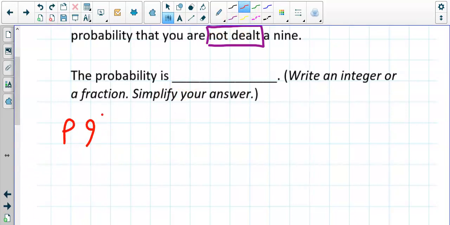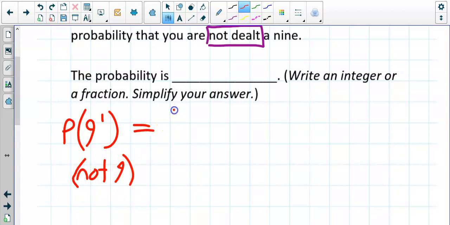So we want not a 9. Remember, that was back from our beginning Venn diagram chapter where the little asterisk meant that it was the complement of the situation. That's what you're dealing with here. You could have also written not 9, all the same. Well, in order to find the probability of not 9, you're going to take 1 minus the probability of a 9.